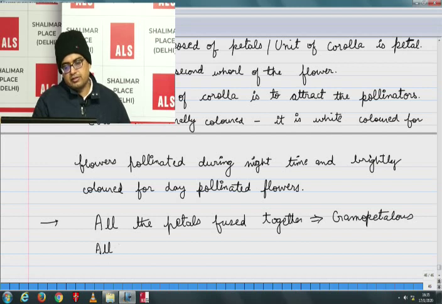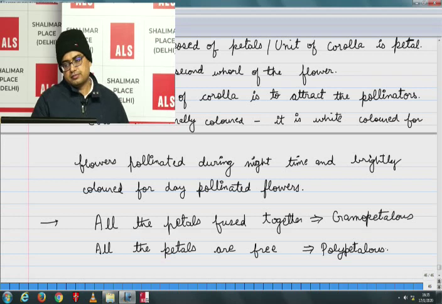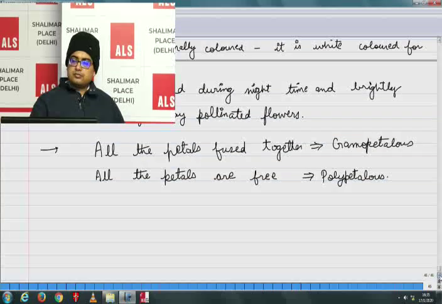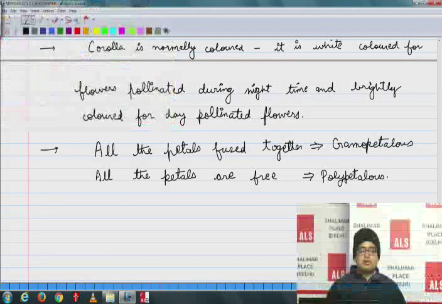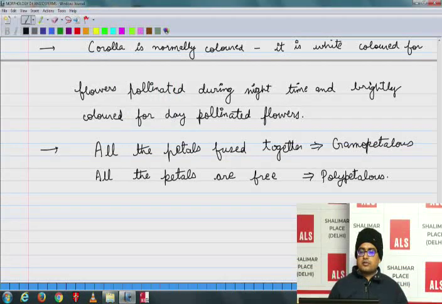If all the petals are free, then you call it polypetalous. So there are two conditions here, polypetalous or gamopetalous.